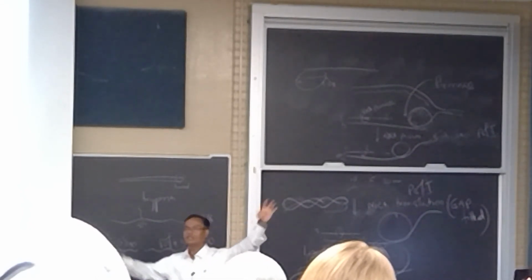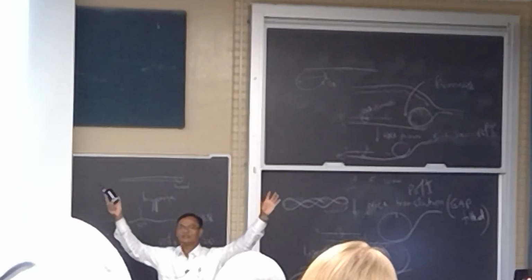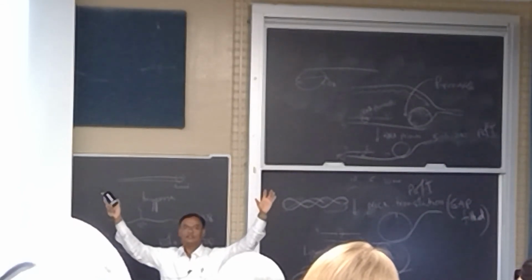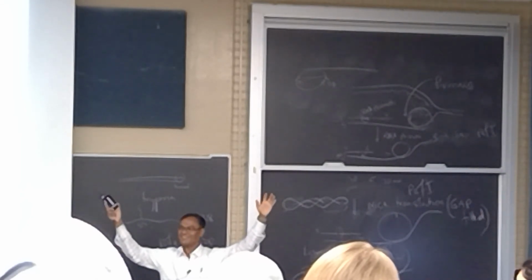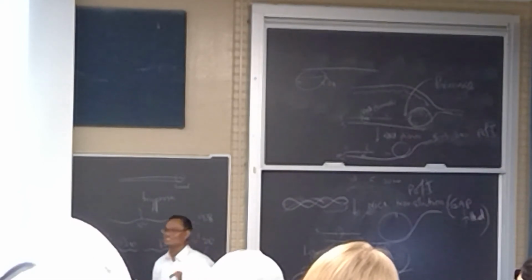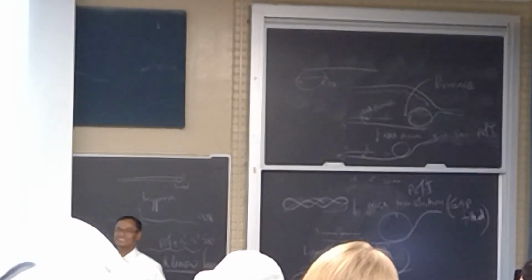Crystal structure is a kind of snapshot, correct? Think about your photograph. You are standing like that, you take your photograph, and we are thinking, wow, the hands are always like that. But it's not true. I am dancing and all kinds of stuff, and crystal structure cannot give that information, the dynamics.